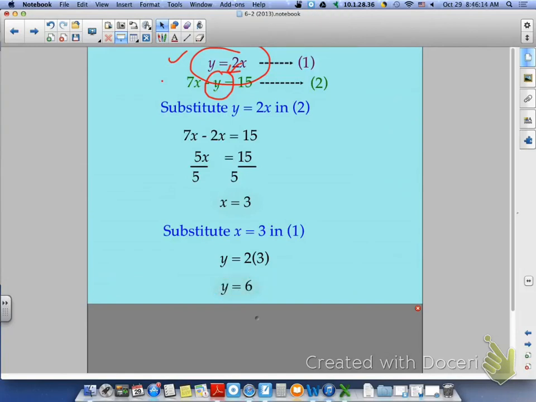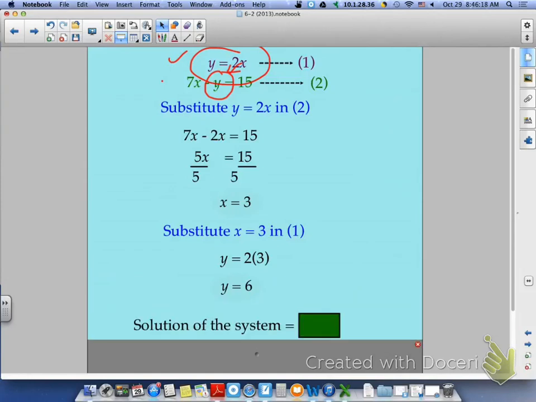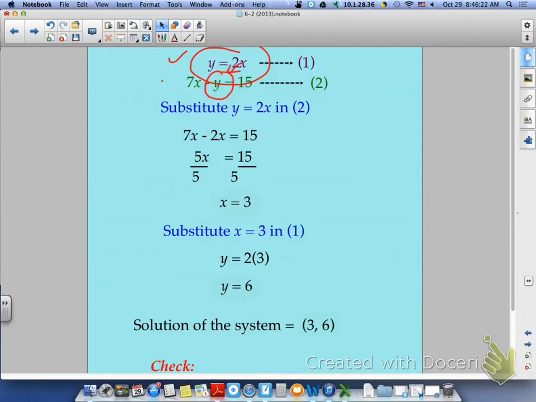And so what's the solution of this system? 3 comma 6. What is the last step? To check. Now, since I used y equals 2x to plug in, which equation should I use to check? The other one. Just to make sure, exactly.